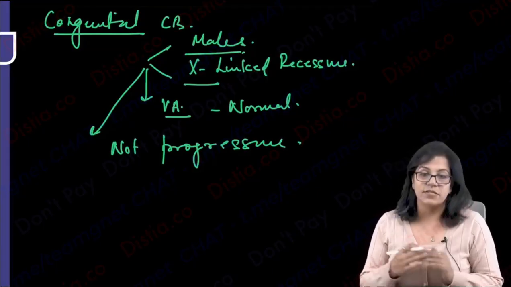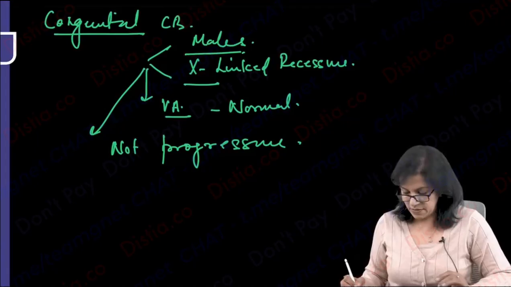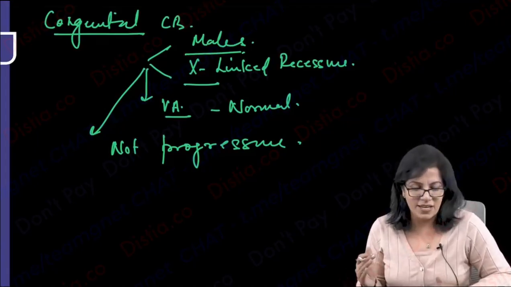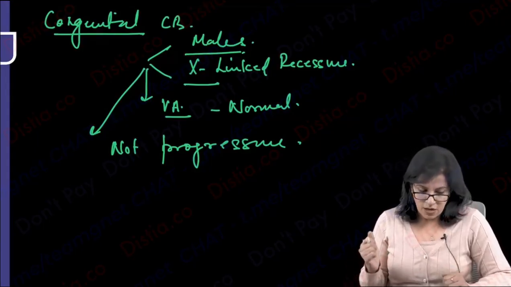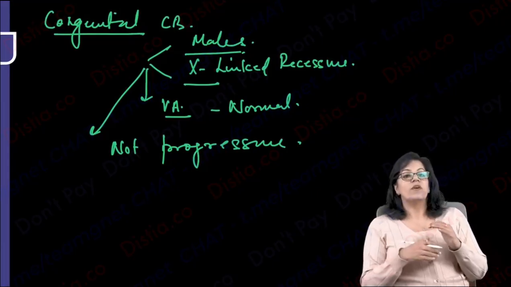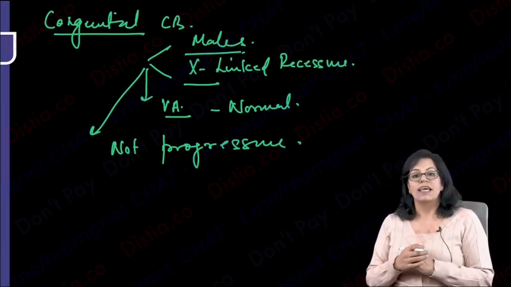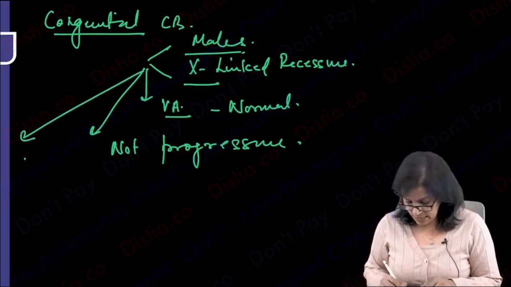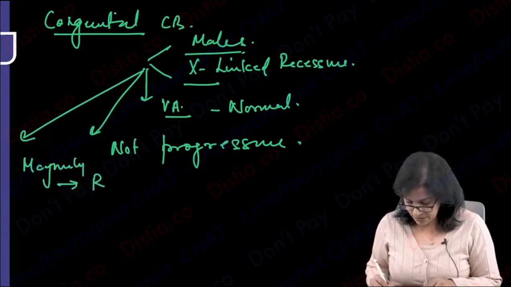It is an X-linked recessive disease, primarily males are suffering from it, and generally the visual acuity is normal. Majority of the congenital color blindness is mainly red-green blindness.